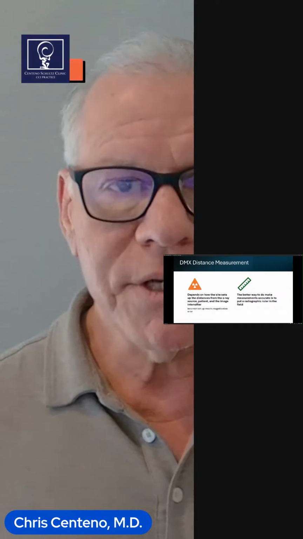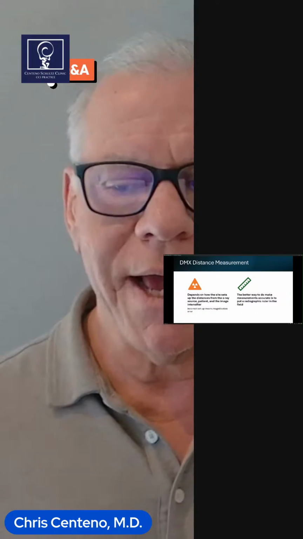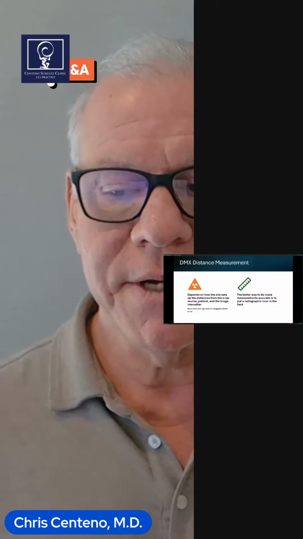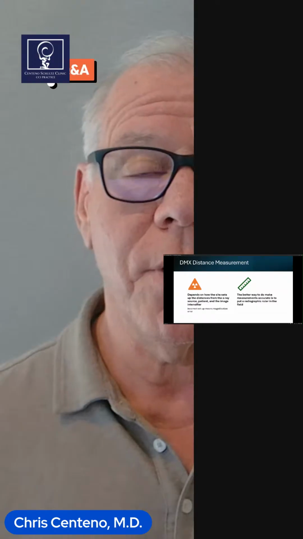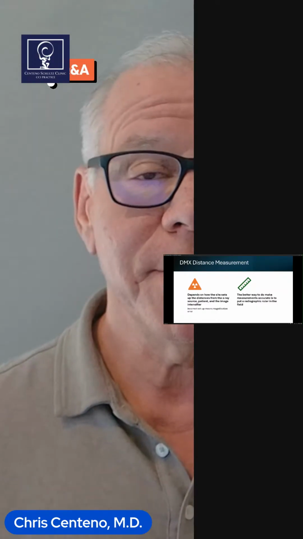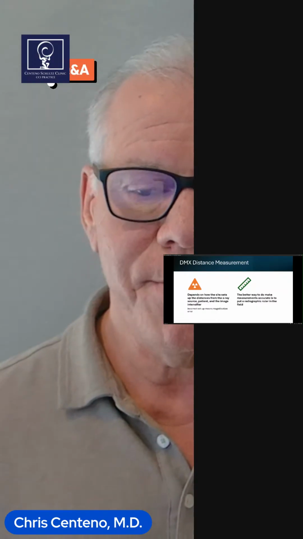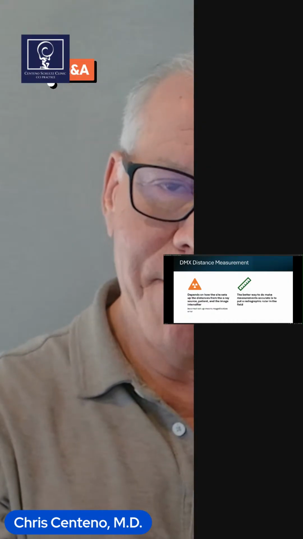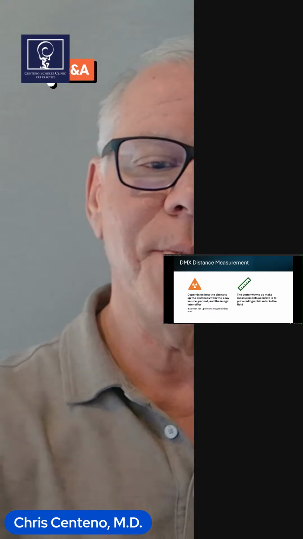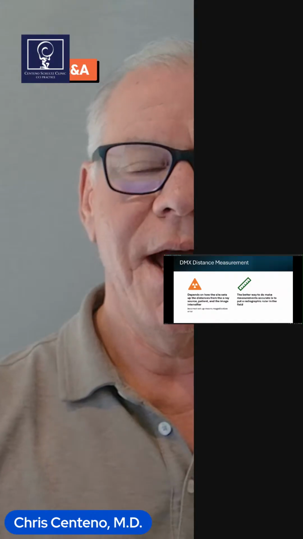Now, for most DMX machines, this really depends on how you set up the distances from the X-ray source to the patient, and then the image intensifier. The problem is that if you do that incorrectly, or if the patient moves forward or backward, or if the machine moves forward or backward relative to the patient, you get incorrect measurement values because there's this magnification effect.